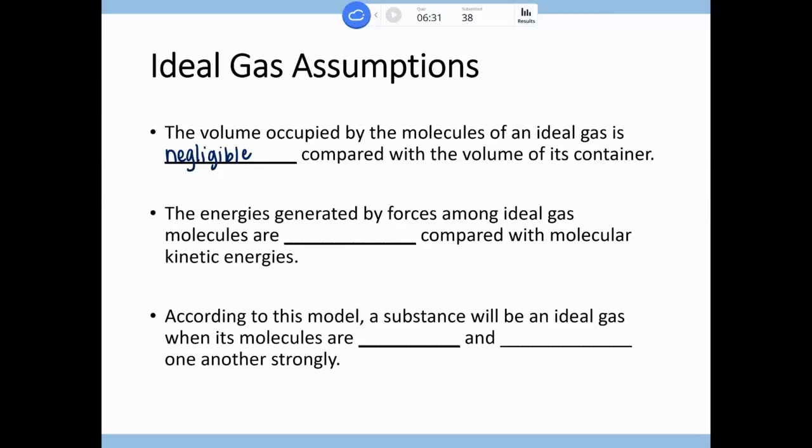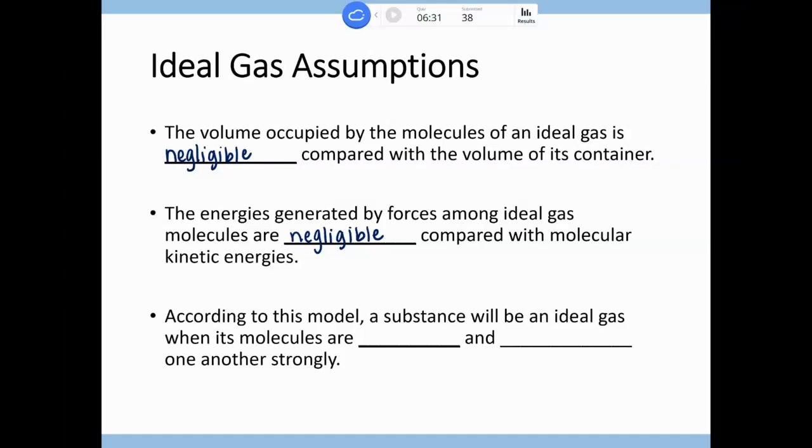We also assume that the energies generated by forces among ideal gas molecules are again negligible compared with molecular kinetic energies. Molecular kinetic energy is related to temperature, so we're assuming that temperature is a good approximation of the energy generated by these gases.